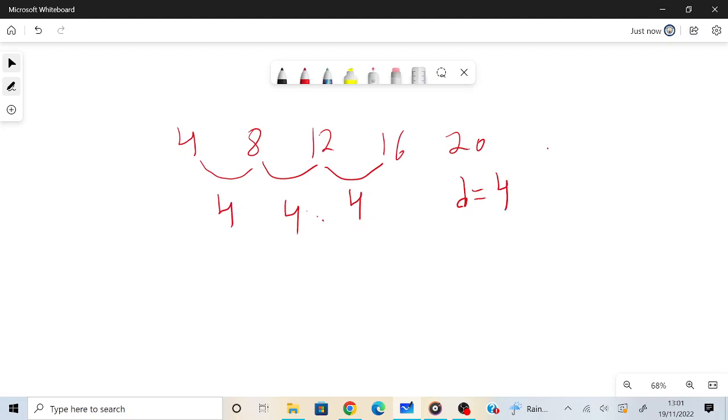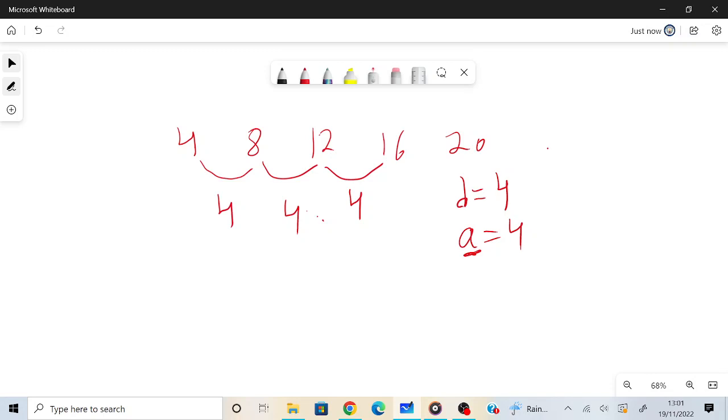Another component of arithmetic progression is your first term, and we represent that with A. So A, that's our first term, which in this case is 4 as well. Now one thing to note is that arithmetic progressions can be the other way around as well. It could decrease.